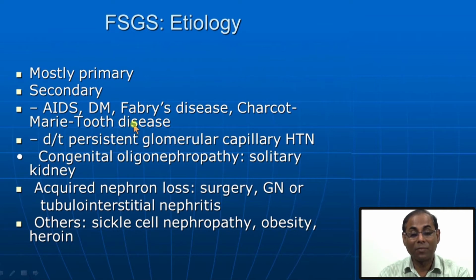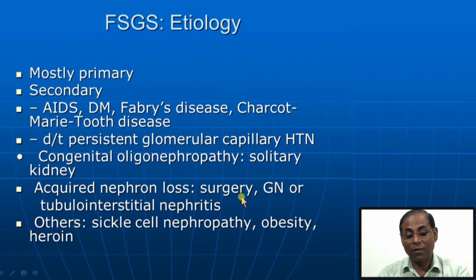We can have focal segmental glomerulosclerosis, and then there may be persistent glomerular capillary hypertension that can lead to FSGS, and we can see FSGS with decompensated hypertension cases also. Then there are congenital diseases like oligomeganephronia, and even the solitary kidney can lead to FSGS.